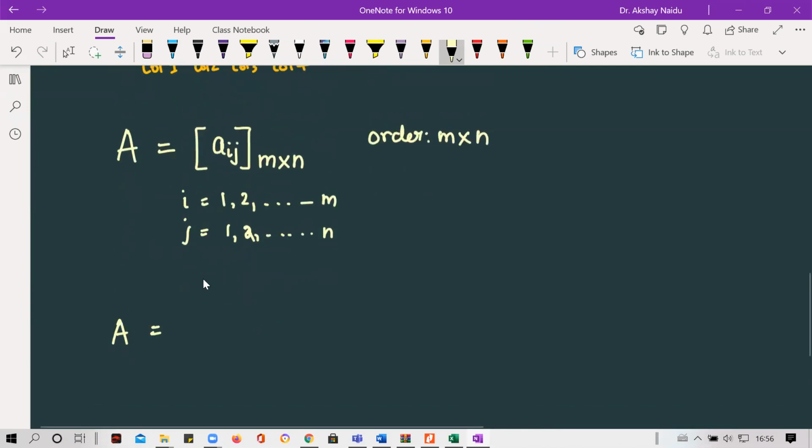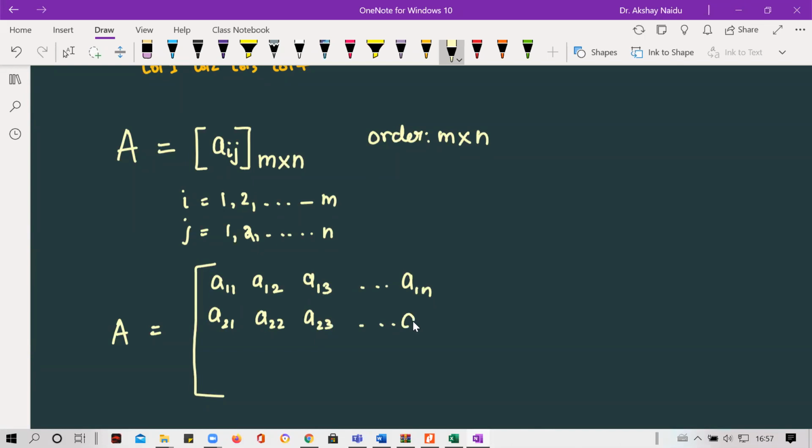When we expand this, it is like A11, A12, A13, A1n, A21, A22, A23, A2n, Am1, Am2, Am3, Amn.